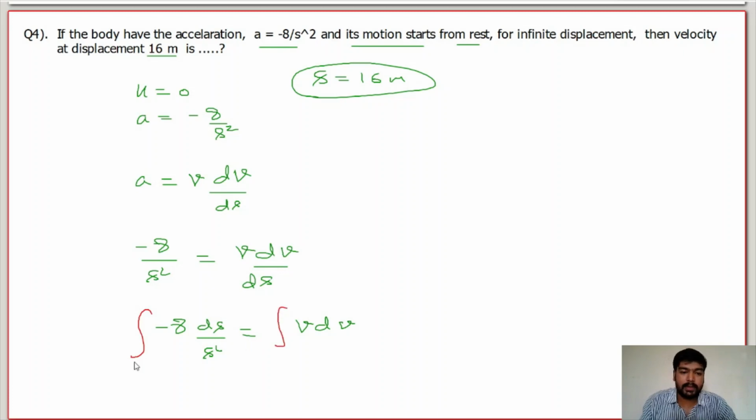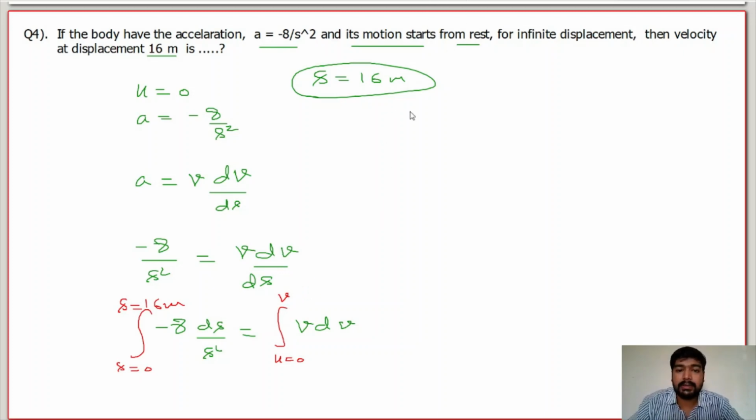The limit is s equals 0, because when the body is at rest I consider the displacement as 0, and we have to calculate the velocity at 16 meter. The velocity starts from rest, that means u is 0, and we have to calculate the velocity at 16 meter. So I consider that velocity as v.